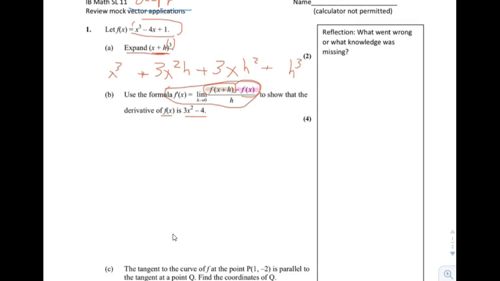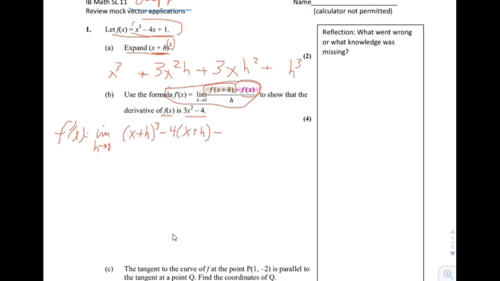Okay, so let's write out the formula here. f prime of x is equal to the limit as h approaches 0. And first we're going to have f of x plus h. So f of x is this expression here, so we're going to have (x plus h) cubed minus 4 times (x plus h) plus 1.